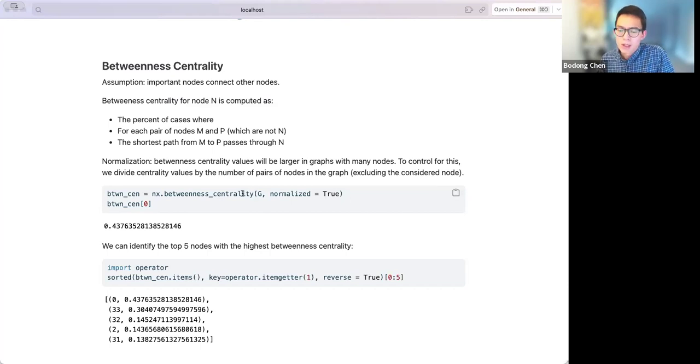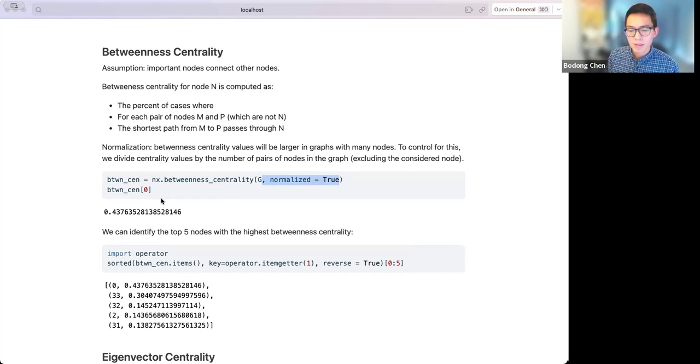But here I just want to mention, very similar to the earlier centrality measure, you can call this function called betweenness centrality. And here I include this parameter called normalized set to True. You'll get the normalized measure of betweenness centrality. And using the same process, you can find out that for node 0, the betweenness centrality is this number.